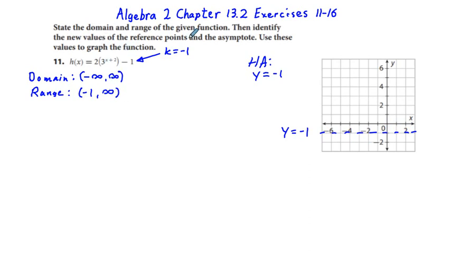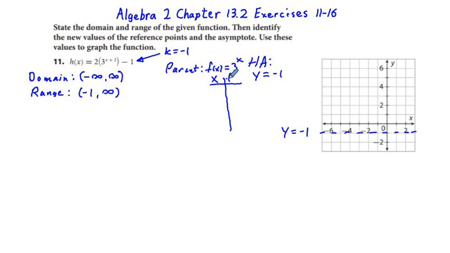Okay, our parent function is going to be f of x equals 3 to the power of x, our base is 3, which means for our reference points we're going to have input values.